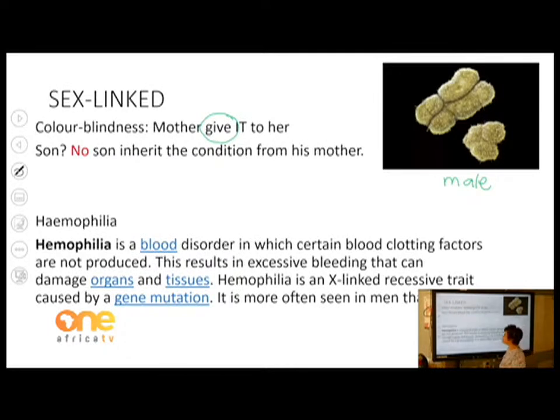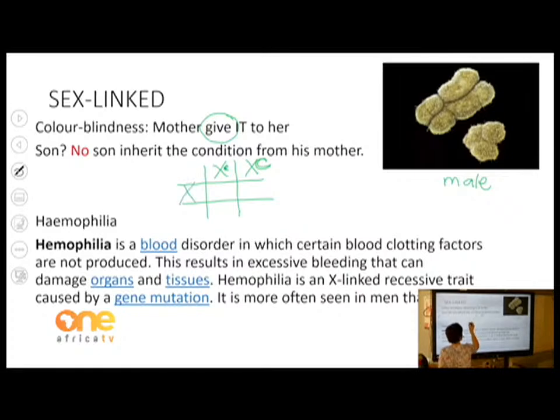And let's quickly do a Punnett square. For a son to inherit it, it means it is carried on the X. A mother is not colorblind. She is not colorblind. It is this recessive gene, this tiny one, that will cause colorblindness.